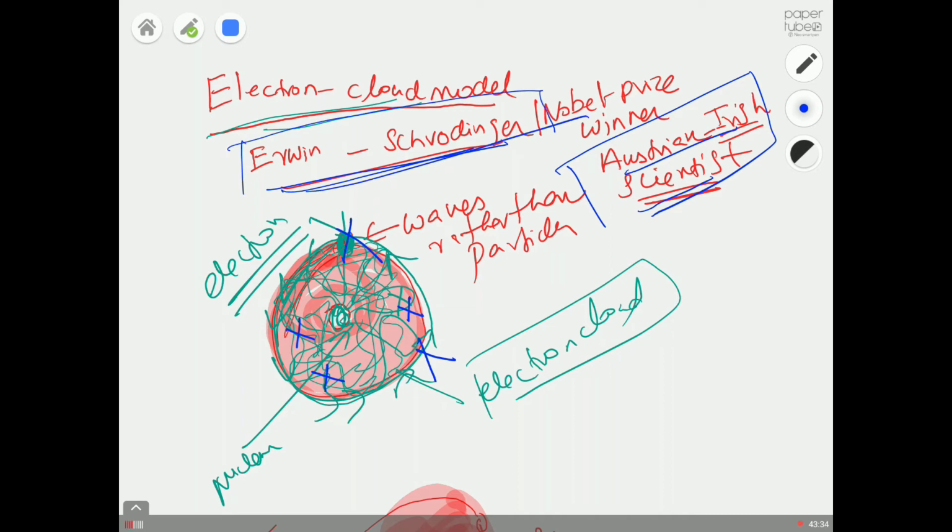He thought that electrons don't behave like particles but like waves, so they can move randomly within their own space inside that electron cloud. That's the thing you should know. Why are we talking about this? Because we are going to talk about van der Waals interactions or London dispersion forces. I made a diagram here.